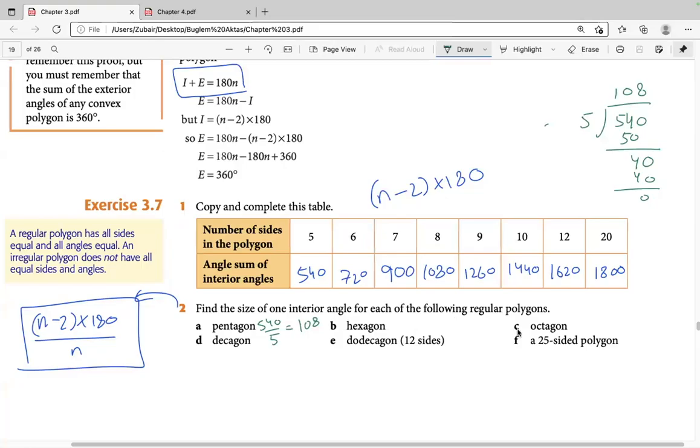You try the C part, octagon. 135. 135, correct. Last one, F part. F, yeah, last one.